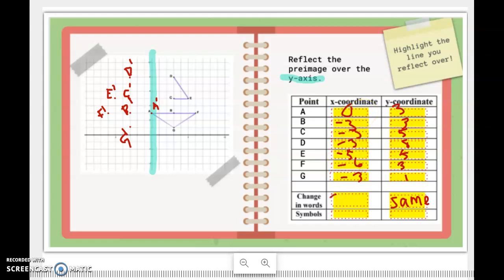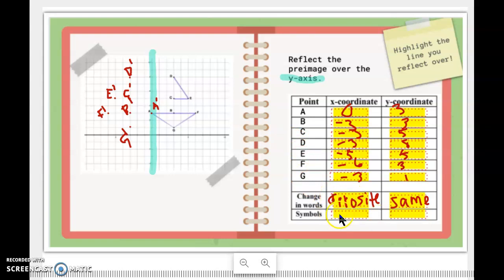So we're going to say that they are the opposite. Because if they were negative, they would have come to this side. So we don't want to say that they go negative because that's not always going to be the case. So we're going to use the term opposite.